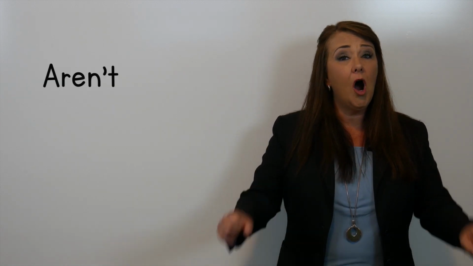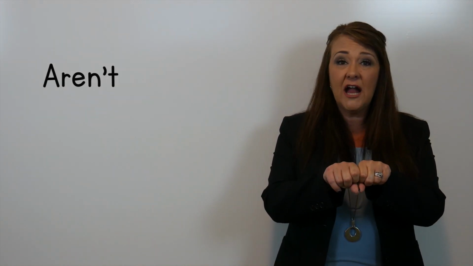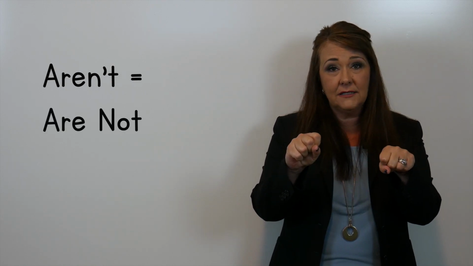Now, I wanted to just quickly talk about the affirmative and the negative form of be able to. Now, we're going to use some sentences with that paragraph so it will make more sense. Before we do that, though, I want to remind you of some simple contractions. So, aren't is a contraction for are not.